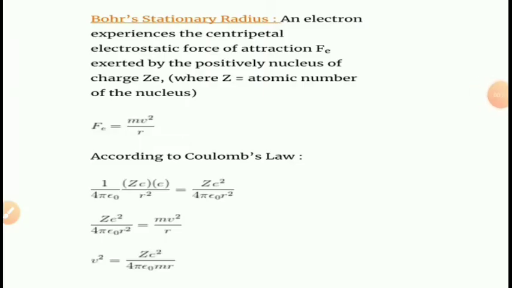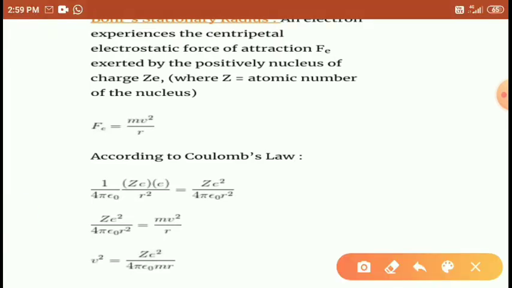The next is Bohr's theory of stationary radius. An electron rotates under a centripetal force and the electrostatic force of attraction exerted by the positively charged nucleus. The charge of the nucleus is Ze, right friends.